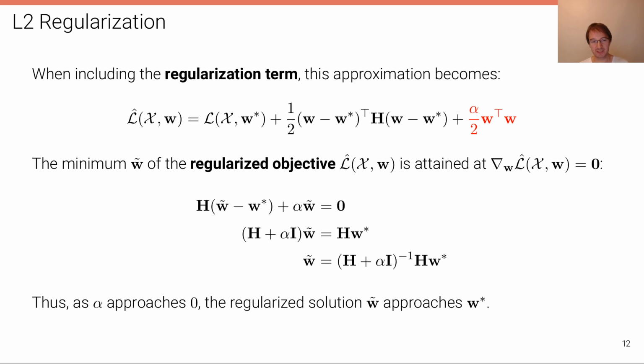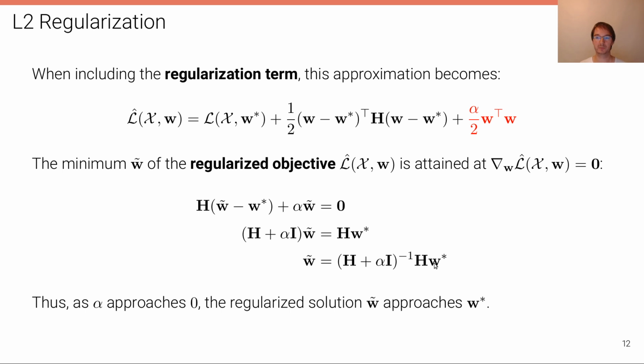And therefore we see that as alpha approaches 0, this regularization term approaches 0, which means effectively we're not regularizing anymore, we're removing this term. The solution W tilde approaches W star because we have H inverse times H, which is the identity. And this is intuitive, right?